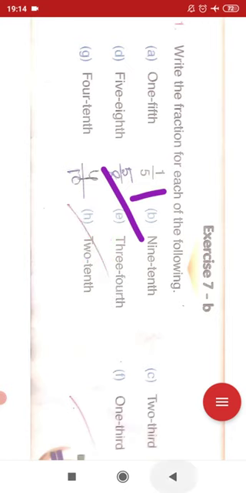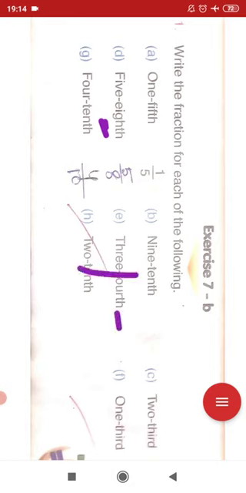Next, D, five-eighths. You can see extra th is added at the end. So 5 will be the numerator, and the denominator will be 8. So 5/8 is the fractional number. Then three-fourths. By splitting this name, we get 3 as numerator, 4 as denominator.